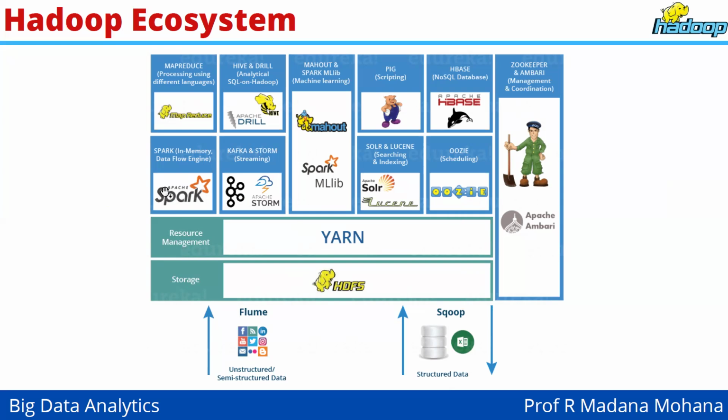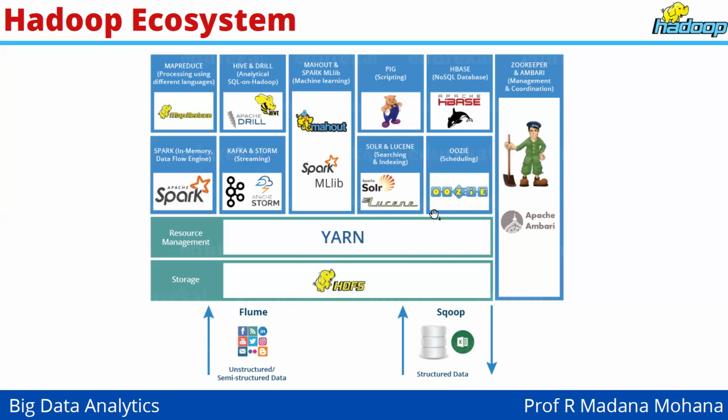Then let us see the components: Spark, then Kafka, then Storm, then Spark machine learning library, Mahout, then Apache Drill, then Solr and Lucene, then Oozie, then Apache Ambari, Zookeeper, HBase, Pig, then Hive and Drill, MapReduce.